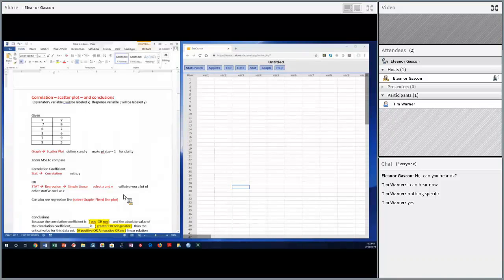For correlation, it really doesn't matter which is X and which is Y, because the correlation coefficient, the statistic that you calculate, is going to be the same either way.